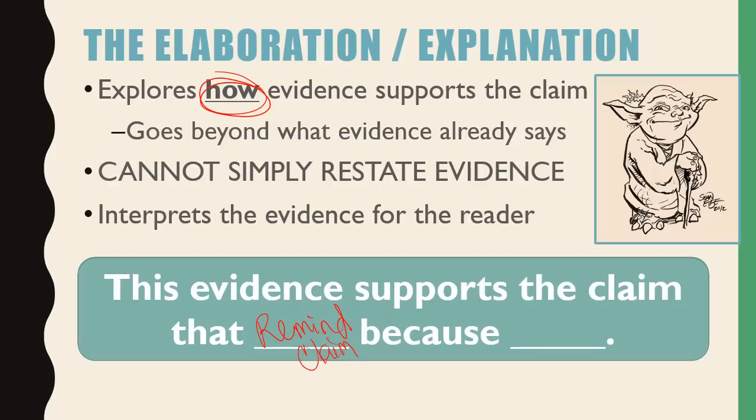And then, oh, right, this is what we're proving. And the because is your reason for why the evidence supports the claim, all right? So try that. Now, you don't have to use this sentence, but it might help some of you, so you can feel free to use that.